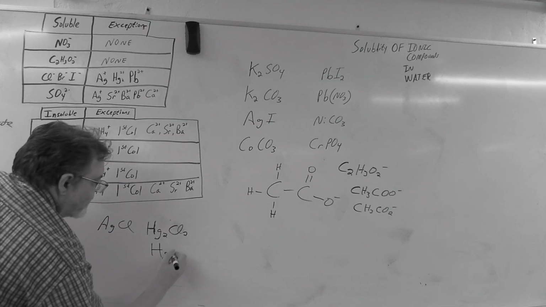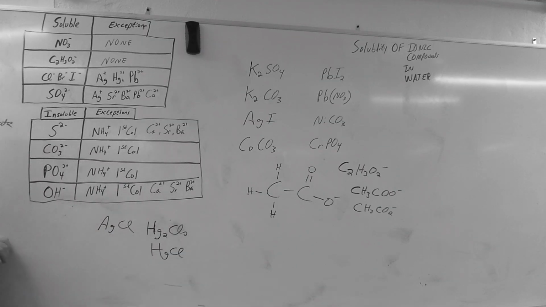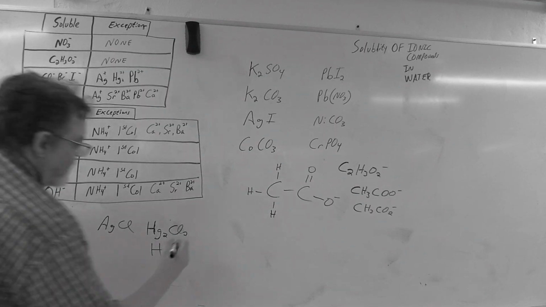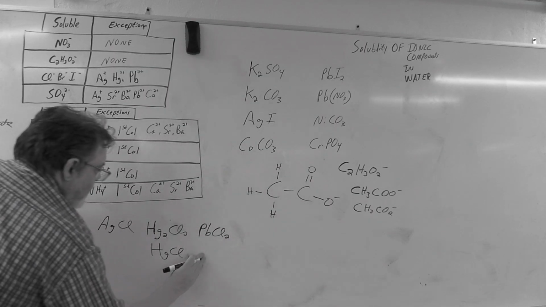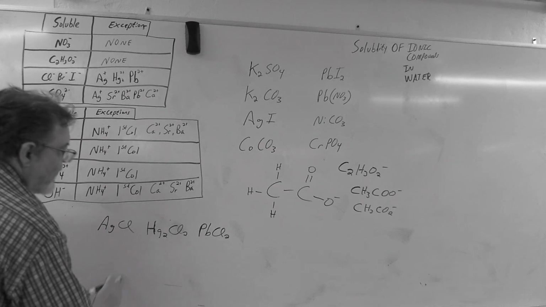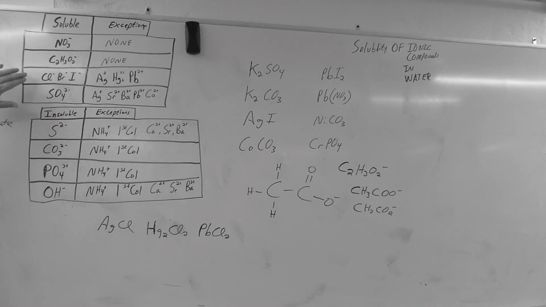Maybe we do it like this, AgCl, because there's 2 of them, HgCl, and then Pb. What I'm saying is, anything with chlorine in it is soluble, except in these cases. So these are negative, these are positive. When the positive ion is one of these for Cl, it is not soluble. It's an exception to being soluble. See what I'm saying?